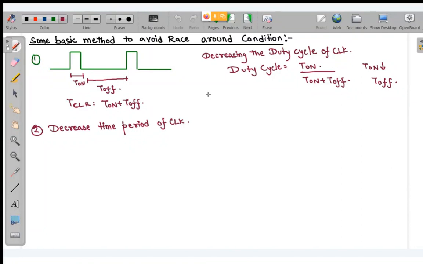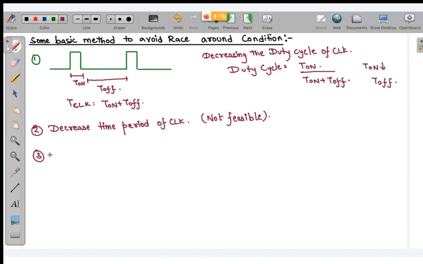Clock frequency always remains the same. So we cannot even do that. Third, so this is not feasible.